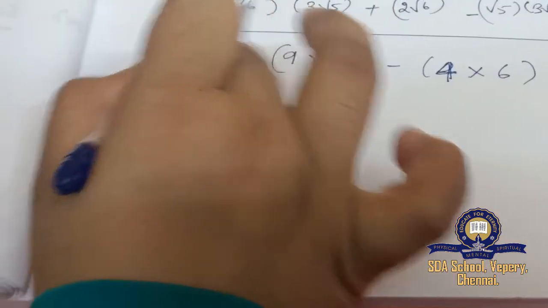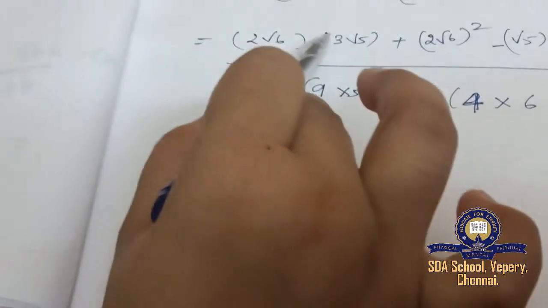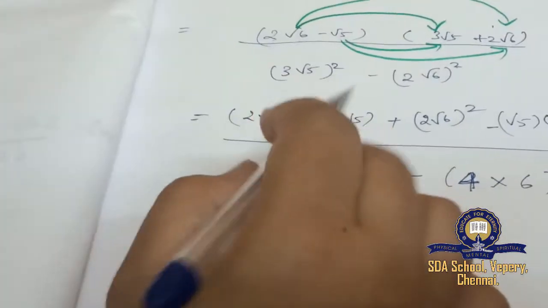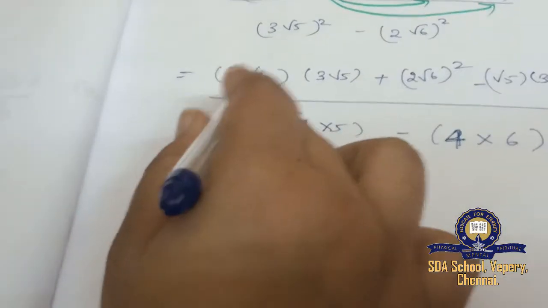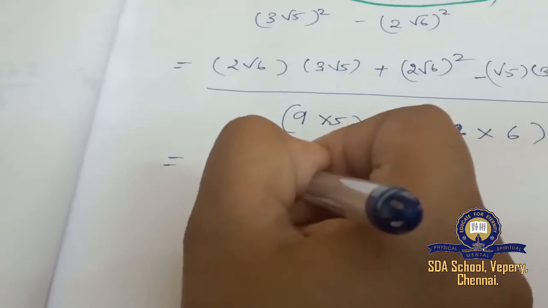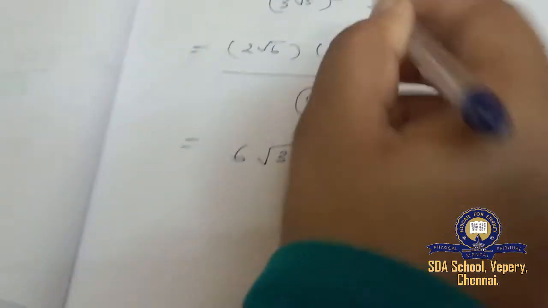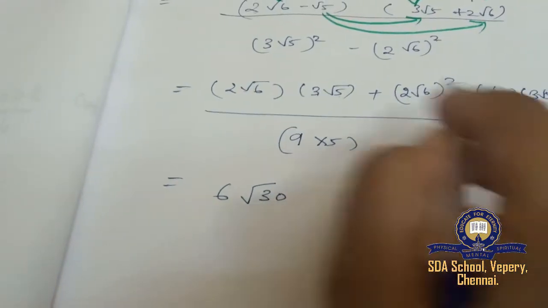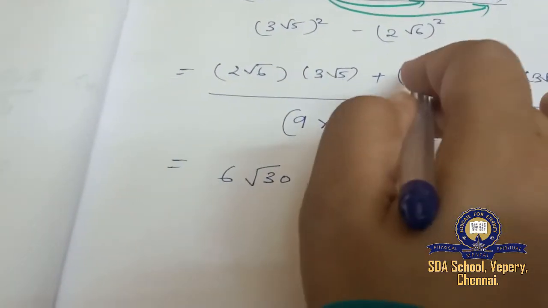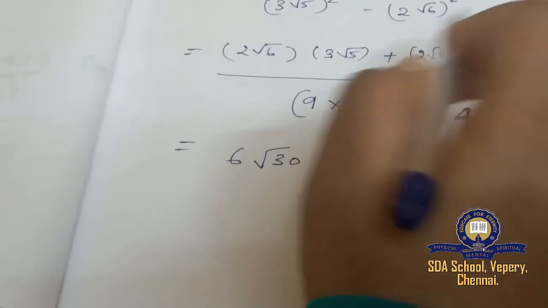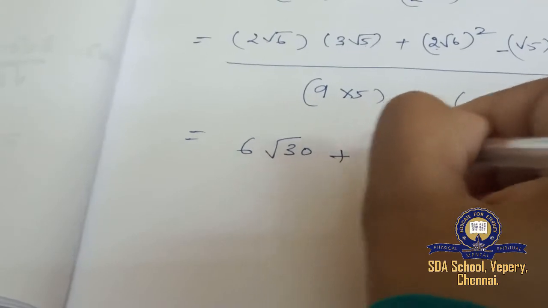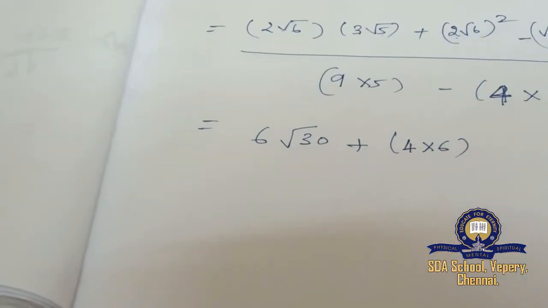Okay, then let us multiply this. 2 into 3 will give me 6. Then 6√30, because √6 into √5 would give me √30, plus, then open up the bracket. What will I get? 4 into 6, isn't it? Root will get cancelled.